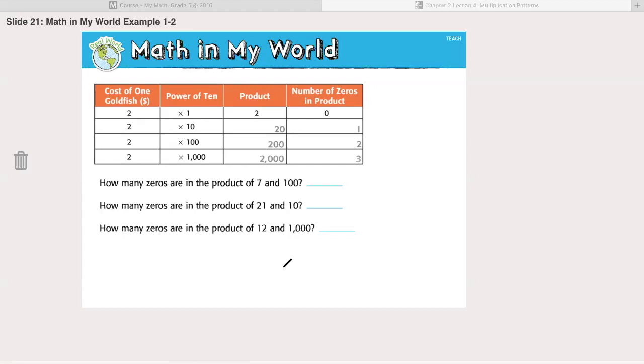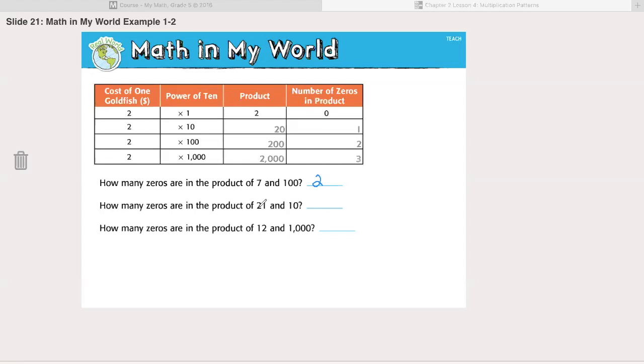Using that same table, how many zeros are in the product of 7 and 100? If I were to multiply 7 times 100, I would get 700. There are 2 zeros in 700. How many zeros are in the product of 21 and 10?